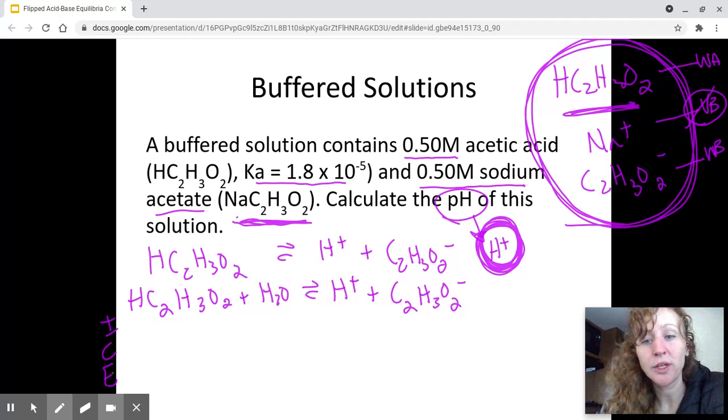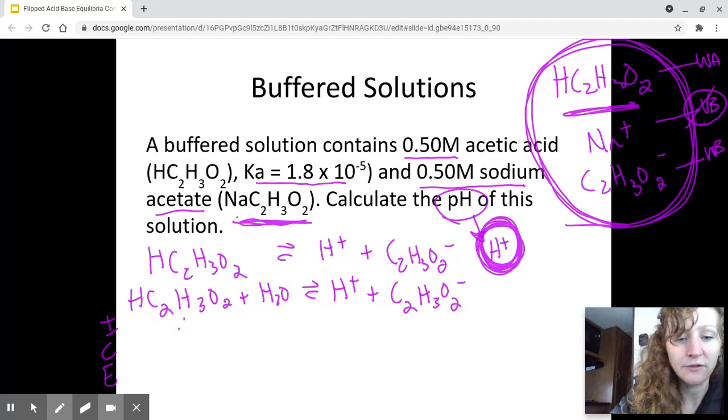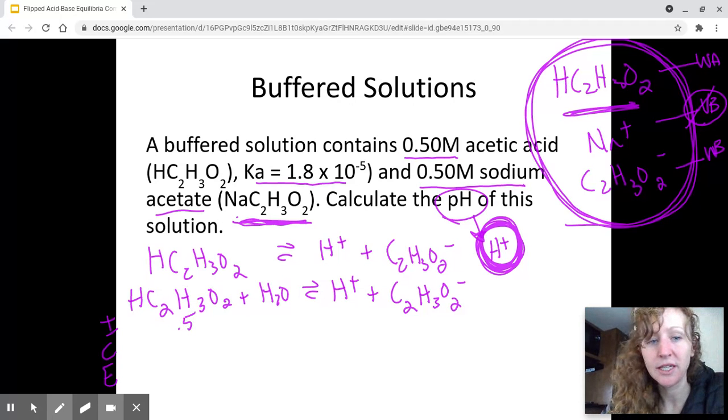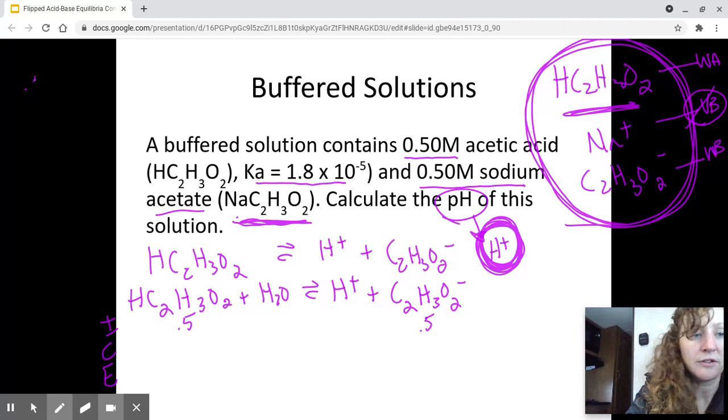Now I'm going to take into consideration what's there and see if I can get myself to some equilibrium position. So I start with 0.5 of acetic acid. I start with 0.5 of sodium acetate, because it's 0.5 moles per liter of sodium acetate.